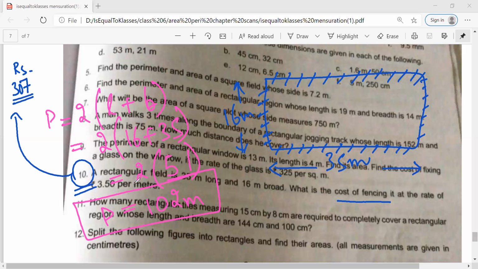Yes, sir. So cost of fencing 1 meter is rupees 3.5. So for 102 meter, it will be 3.5 into 102. This would be equal to 357.